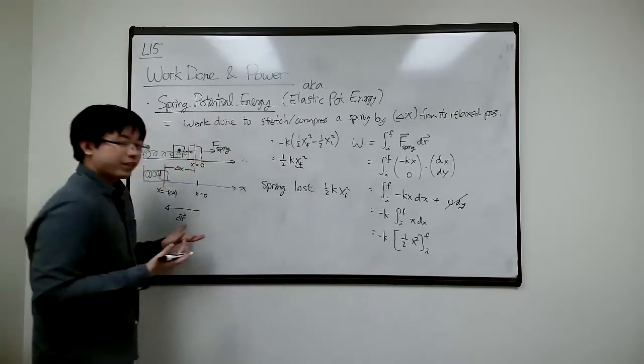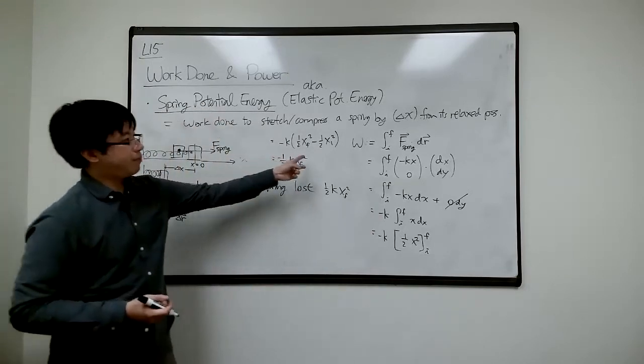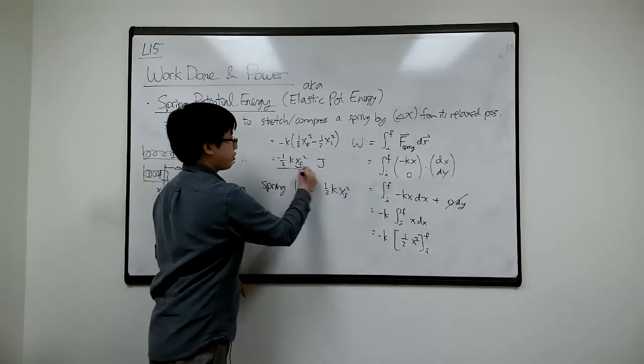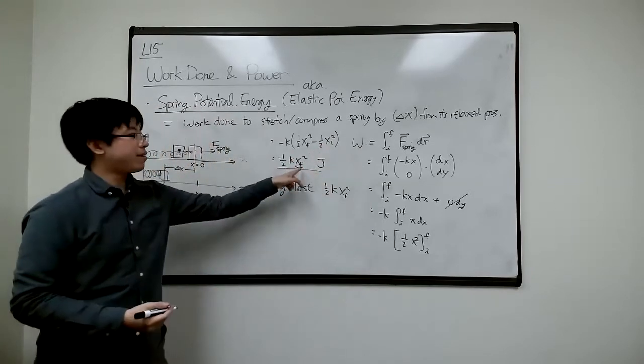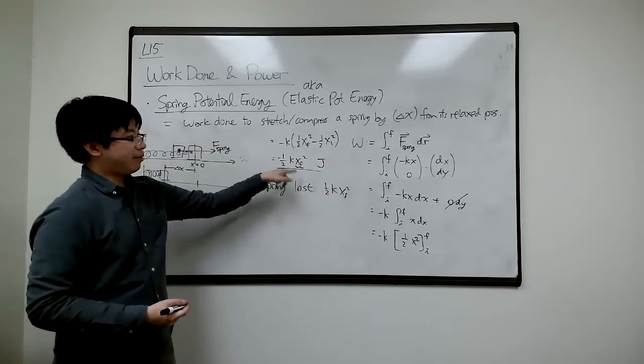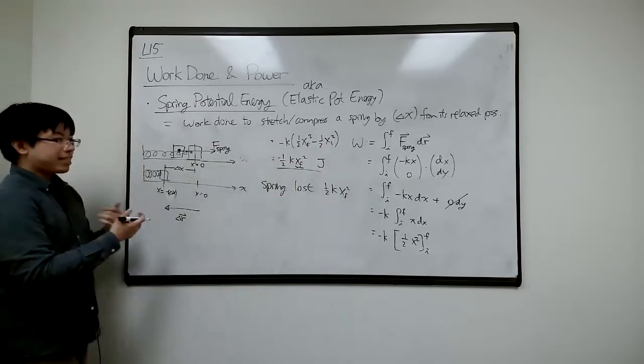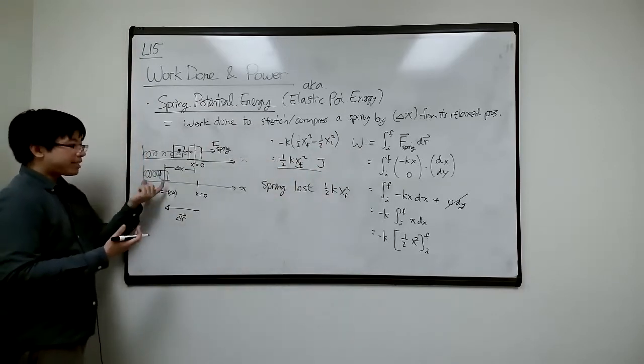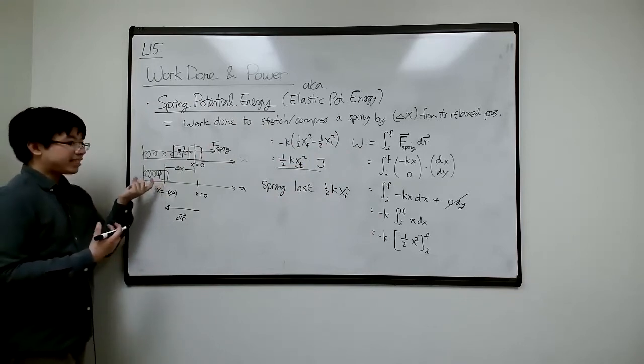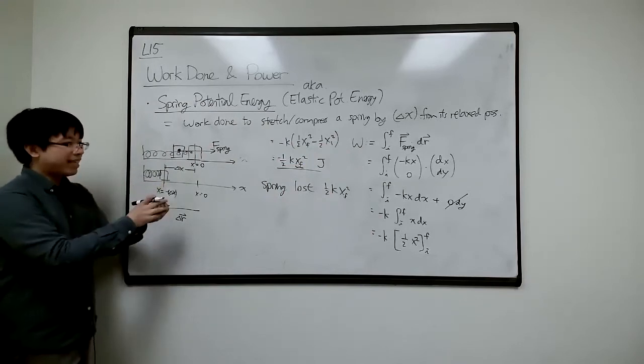So where does that go? You've calculated this, so it's this amount of joules, right? This is a positive number, this is a positive number, but there's a negative in front, so it's negative. So the spring lost that amount of energy. Where did it go? It must go into the amount of energy that is stored in here that later on it's going to use, right?